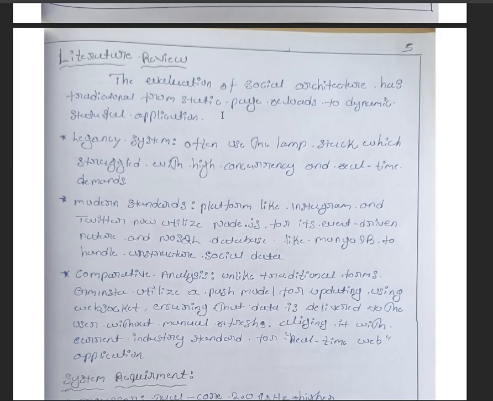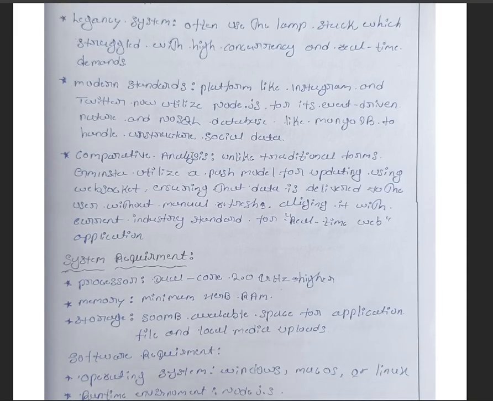Now literature review. The evolution of social architecture has moved from traditional static page reloads to dynamic structures. The literature review explains how social web applications have evolved from traditional static pages to modern dynamic applications. Earlier systems struggled with high concurrency and real-time communication.